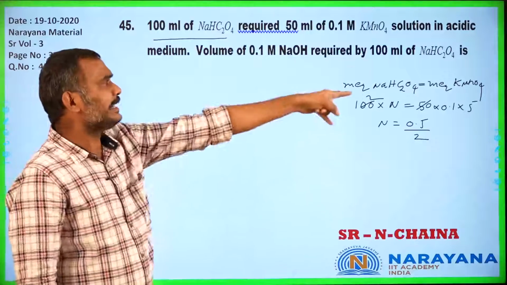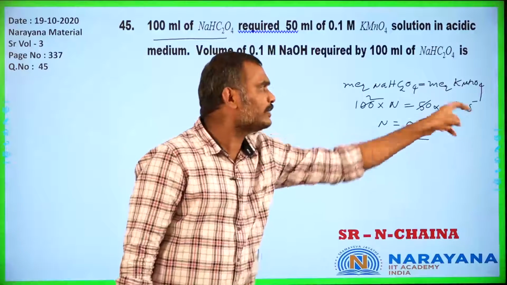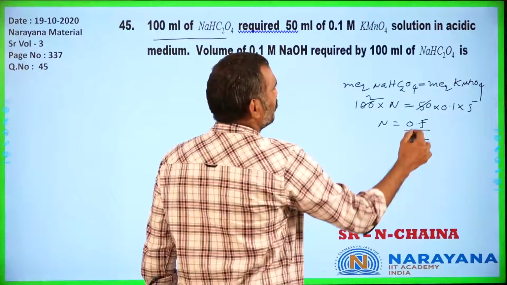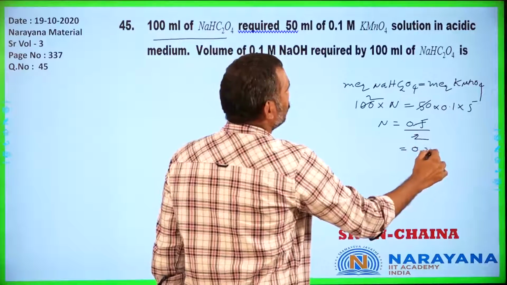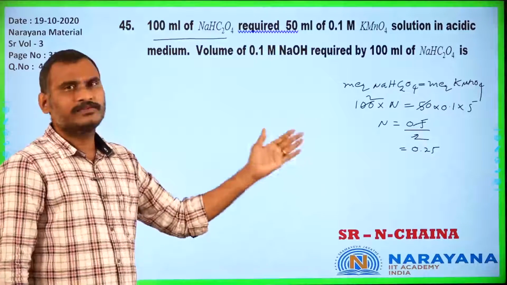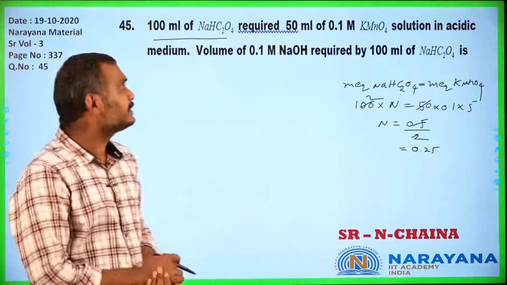Normality of the NaHC2O4 I calculated: that is equal to 50 into 0.1 into 5 by 100, that is equal to 0.25. Yes or no? 0.25 is the normality.